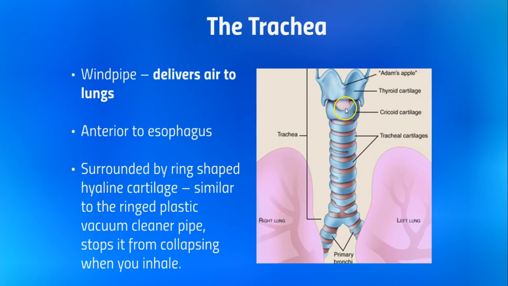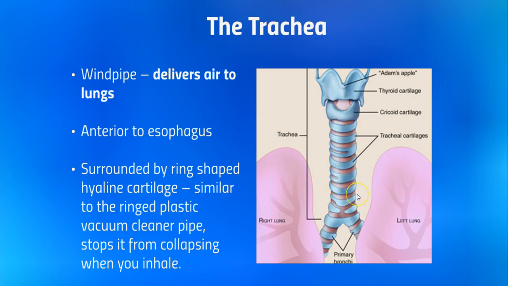You can see it's quite a wide tube that has cartilage rings disposed along its length, and the idea of that is we are creating a kind of suction, I guess, a vacuum when we breathe, and as we know, a vacuum can suck tubes together, and if that happened in this case, then this tube would suck together, and because of its mucus lining, it would stick together. So in order to stop that from happening, these cartilage rings keep the tube nice and open. So it's thought that this may be the origin of the vacuum cleaner pipe.